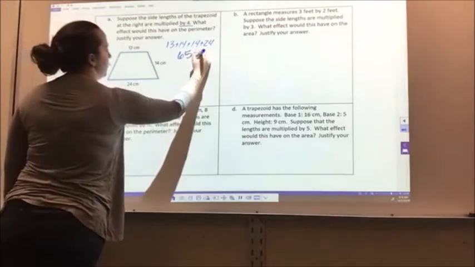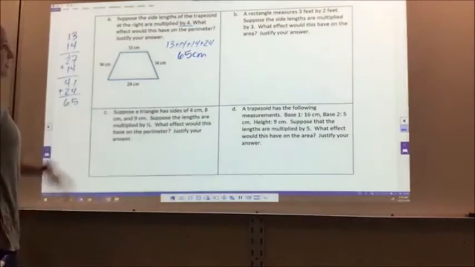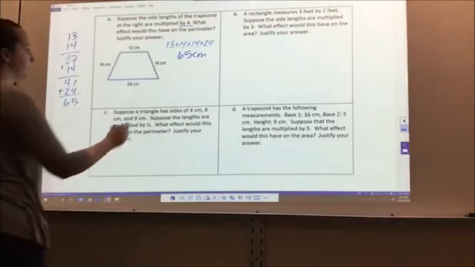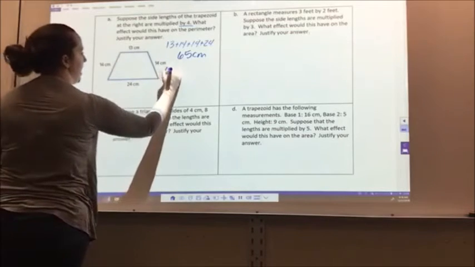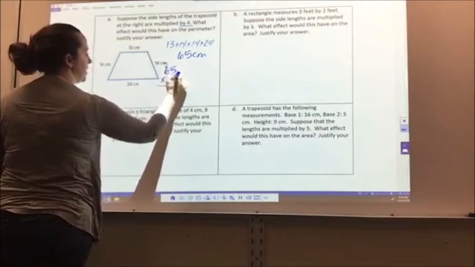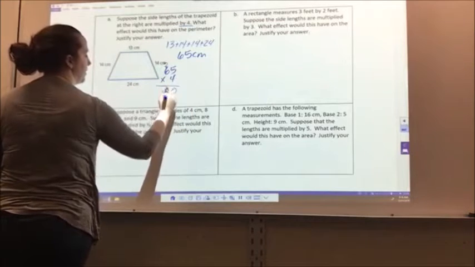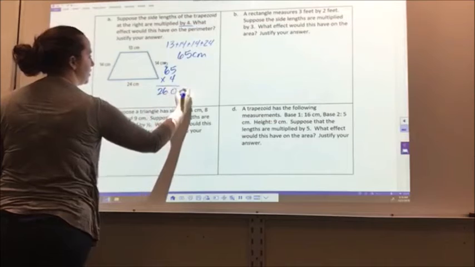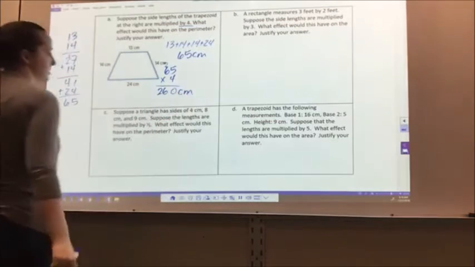So my original perimeter is 65 centimeters, and I'm multiplying that times 4. So then I do 65 times 4. 5 times 4 is 20. 6 times 4 is 24, plus 2 is 26, so 260 centimeters.